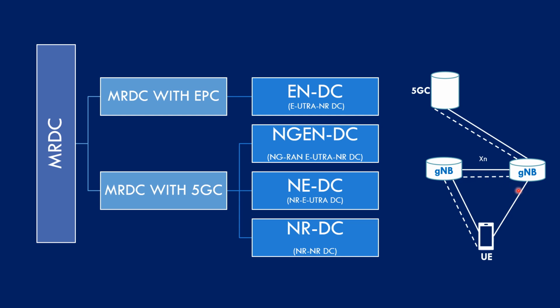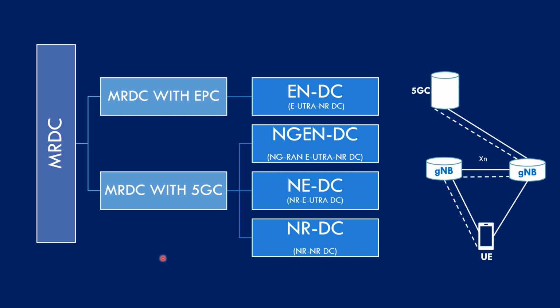There is no E node B. The master G node B is connected to the 5G core via the NG interface, and to the secondary G node B via the Xn interface. The secondary G node B might also be connected to the 5G core, but only with the NG-U interface, meaning NG user plane interface. So I think now this clears the confusion.